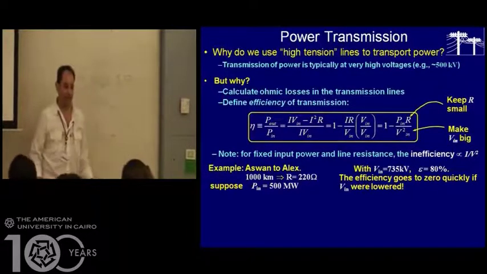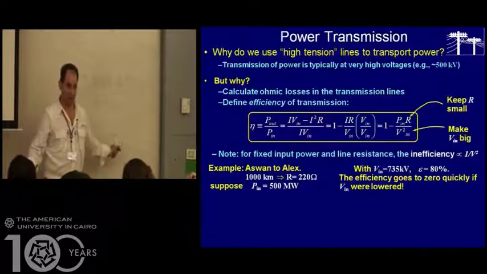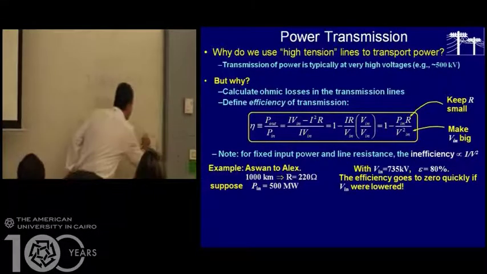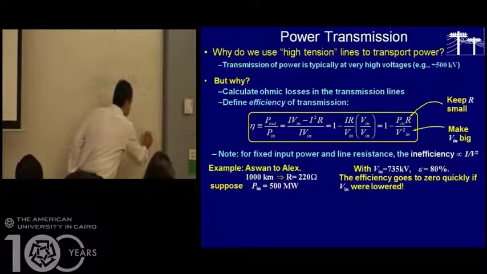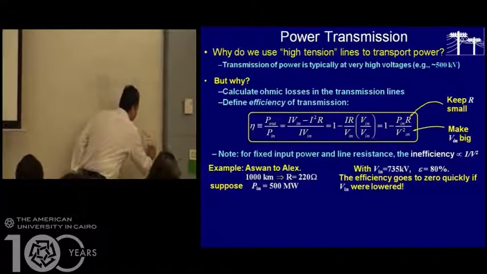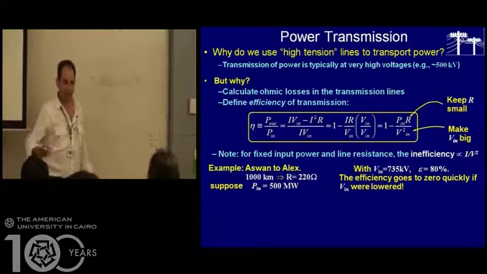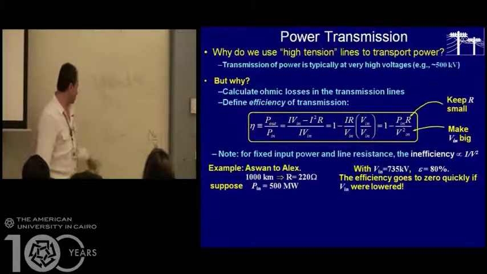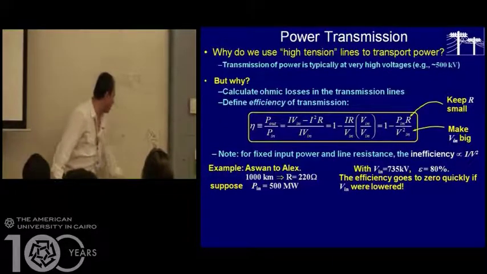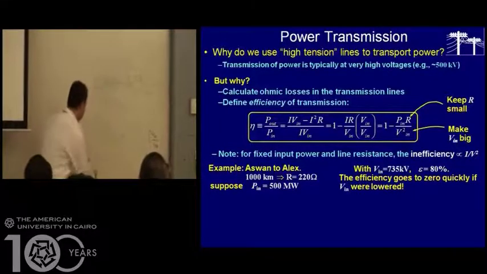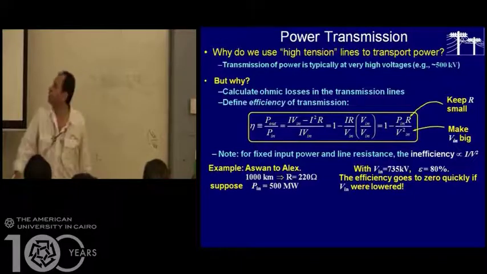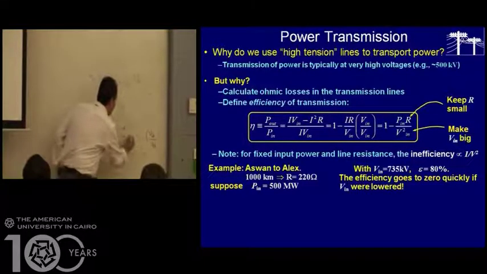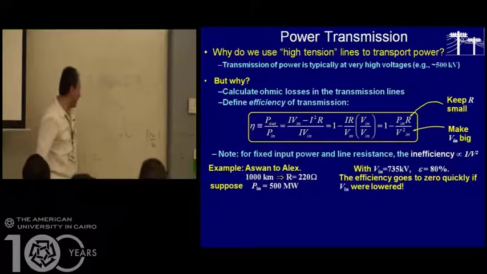IR over Vn. Okay? Then I will multiply by 1, to deliver a point. I will tell you what that point is in a minute. So it's IR times Vn divided by Vn. This is 1 minus I times Vn. What's I times Vn?